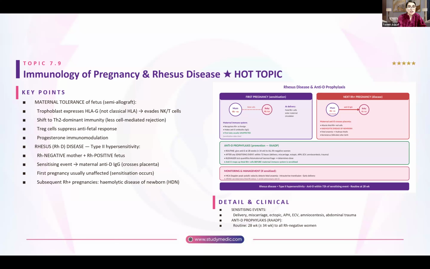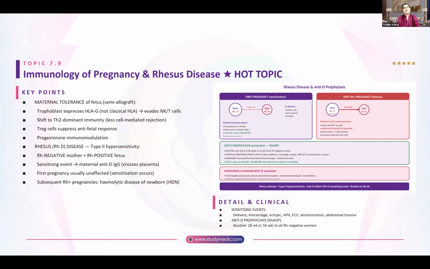Progesterone immunomodulation is always there and is also part of pregnancy. What is actually tested in the exam is the various hypersensitivity reactions, what the type of reaction is, and what mechanism is happening in those reactions. Rhesus incompatibility, or rhesus disease of the newborn, is a type 2 hypersensitivity reaction.